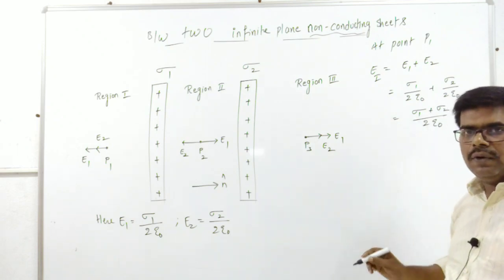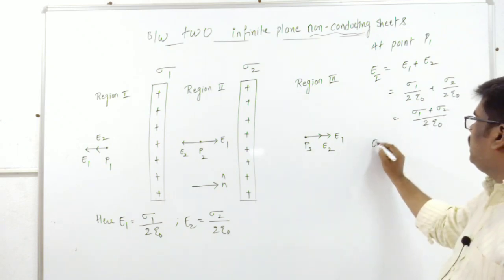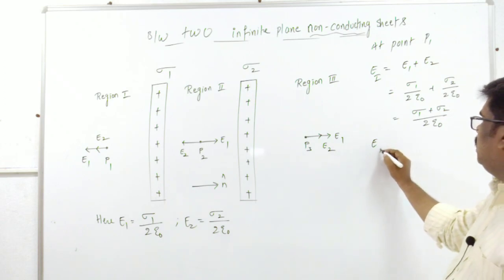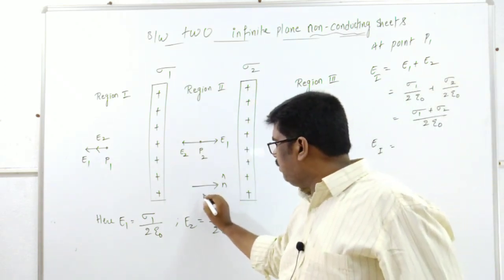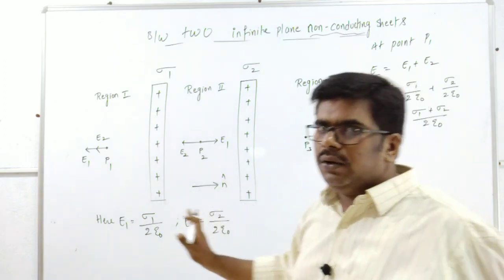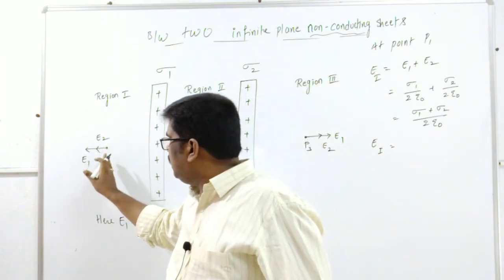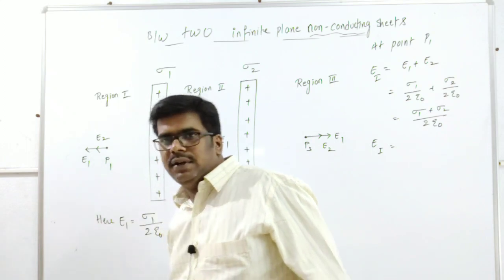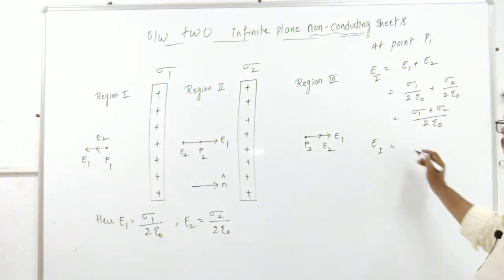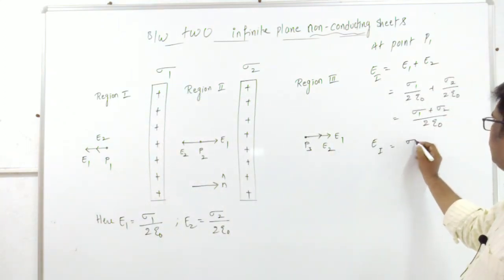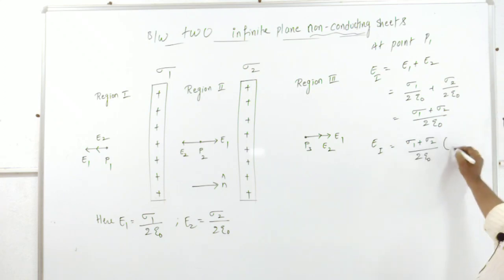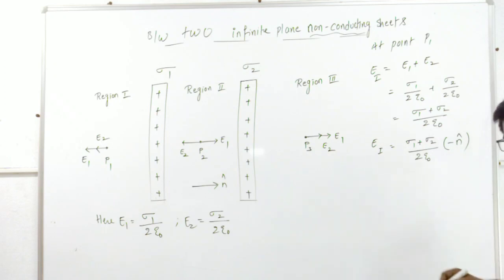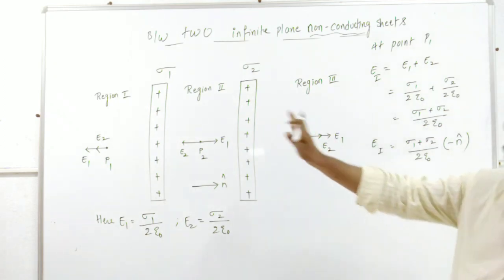In vector form, we took the electric field intensity unit vector towards the right side, but you observe here that the electric field intensity in region 1 is to the left side, so we can write that as sigma 1 plus sigma 2 by 2 epsilon naught times minus n cap. So this is the electric field intensity in region 1.